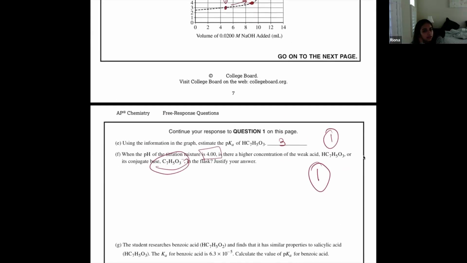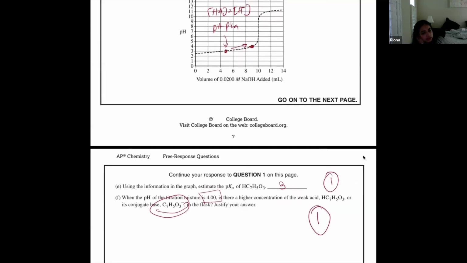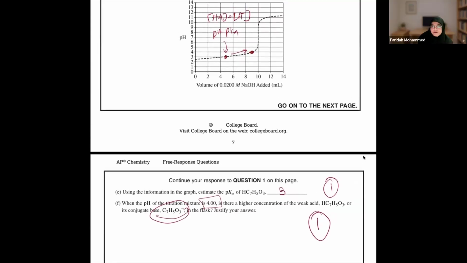Could you repeat the answer for that question again? Okay, I'll just read it. The conjugate base, right? At the half equivalence point, pH equals pKa, and the weak acid, you want to mention the weak acid, equals the conjugate base at half equivalence point.